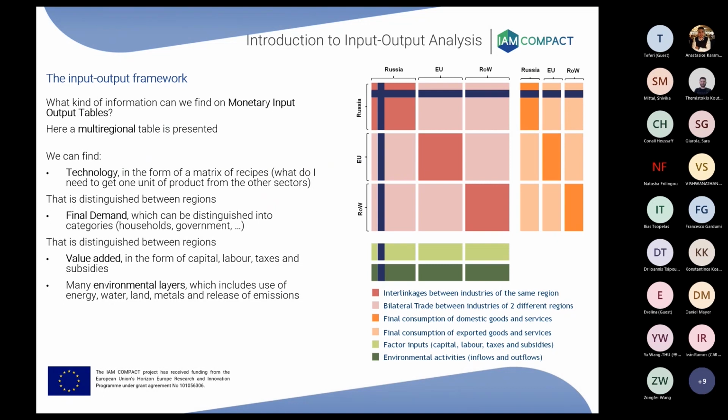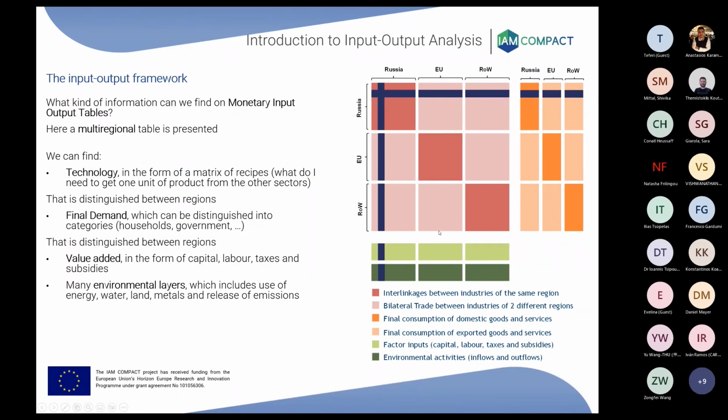I hope and I'm sure that many of you know about the input-output analysis framework, which is grounded on empirical, economic, or physical input-output tables. Here's just one example of the mathematical algebraic structure of those tables. These are collections of empirical, economic, or physical flows that are exchanged across regions and sectors within regions.